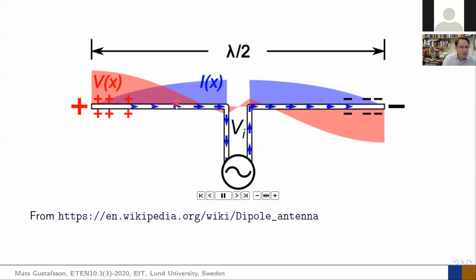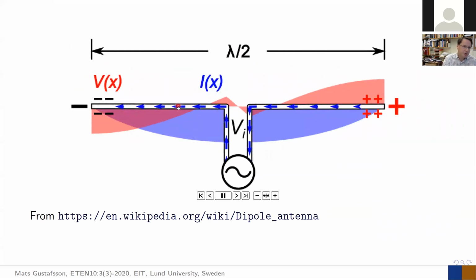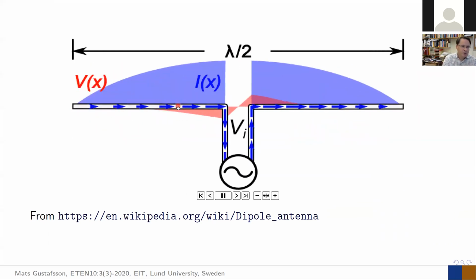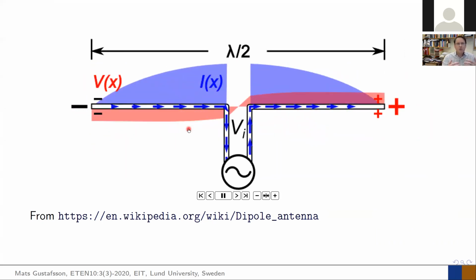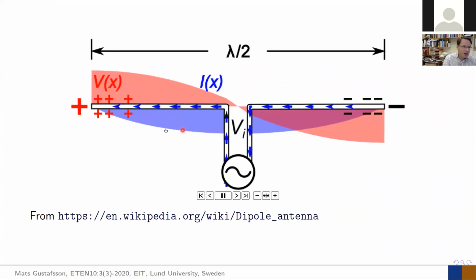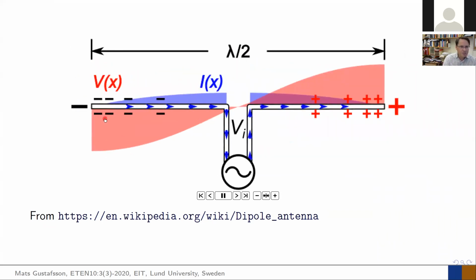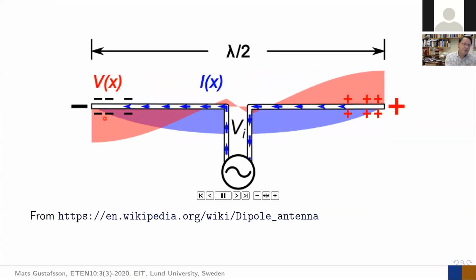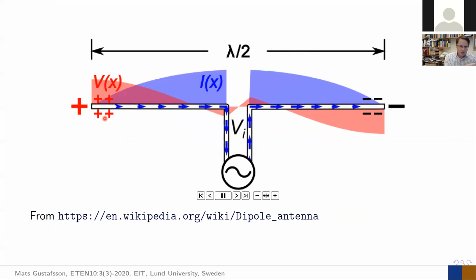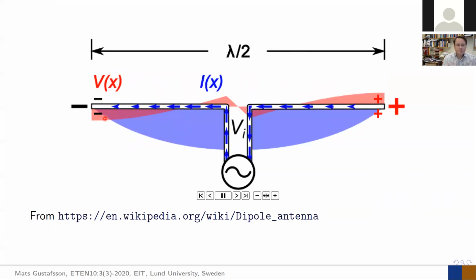So you can see the arrows here, they're pointing to the right, they're pointing to the left. In the same way, it means that in one way it's up, in the other way it's down. So it tries to show the same thing. The red color here shows the charge instead. So you can see it's plus charge on one side, minus charge on the other side. And this is what gives the radiation of this dipole.